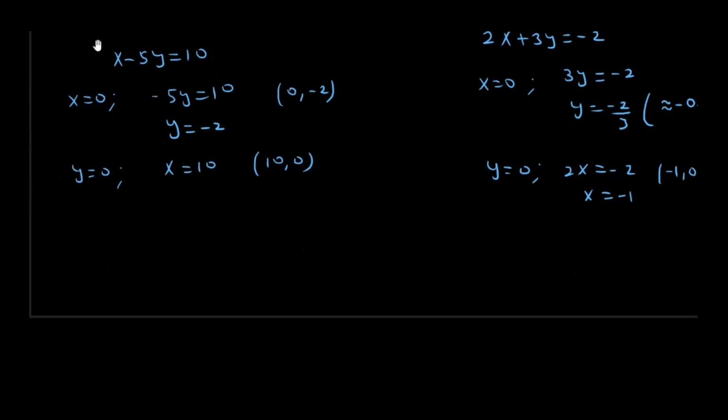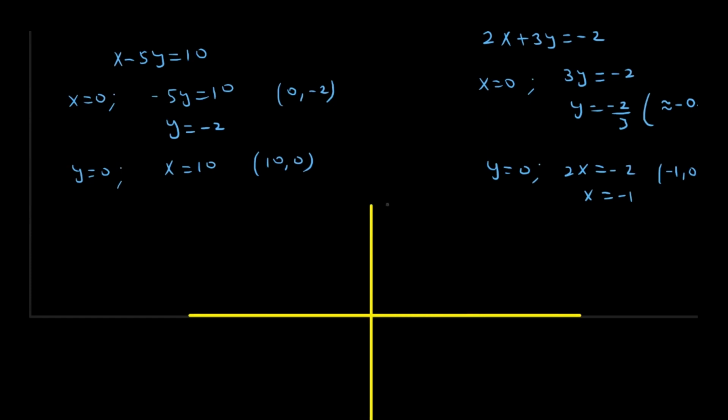So let's just graph it over here. So we have this as the inequation. So over here, we will be having the points as 0 comma negative 2, which is somewhere over here, and 10 comma 0 will be somewhere over here.